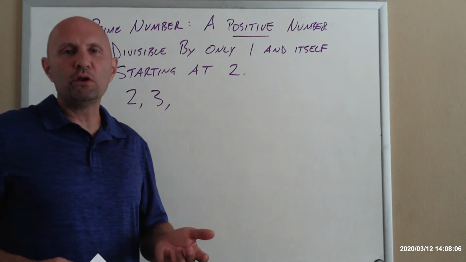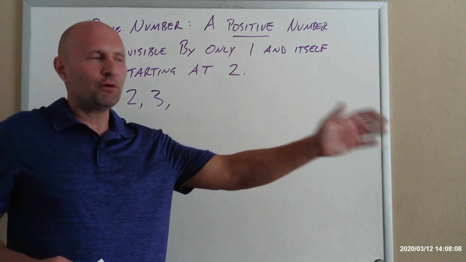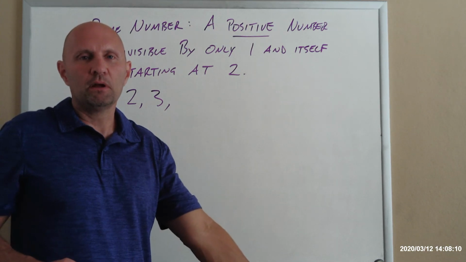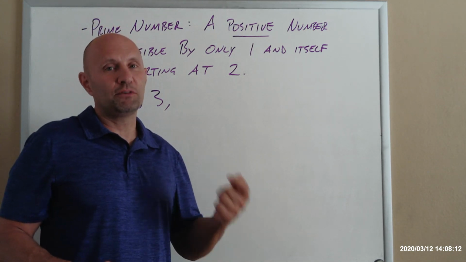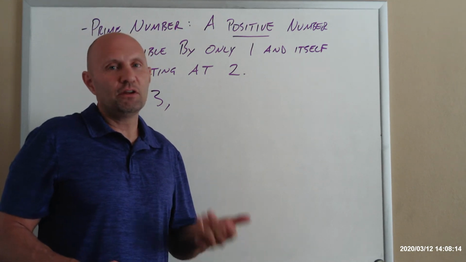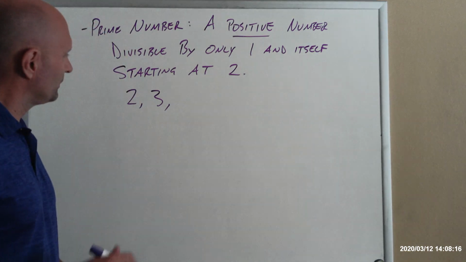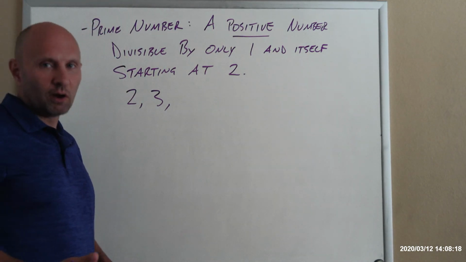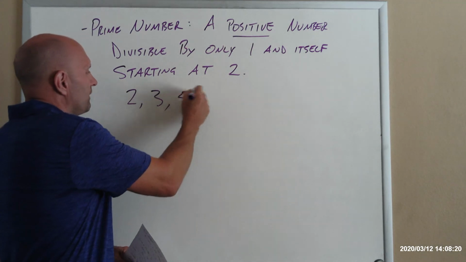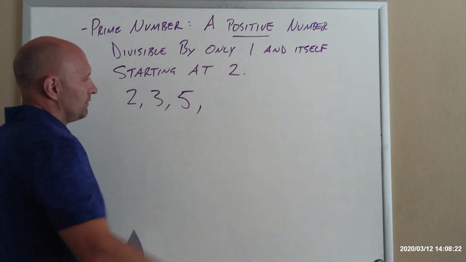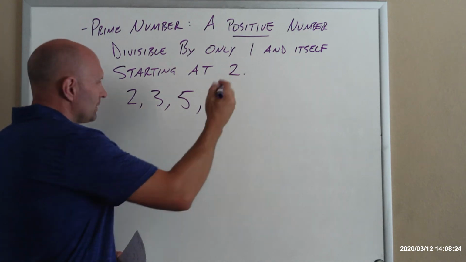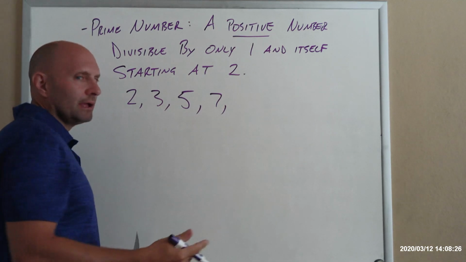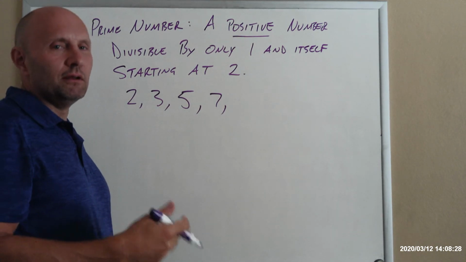So right away we know what? Every even number cannot be prime. The only time a number can be prime is if it's odd. If it's an even number, we already know it's divisible by 2. So how about 5? Well, 5 can only be divided by 5 and 1. 6 is even, we're going to skip it. 7, 7 and 1. 8, skip it. 9.